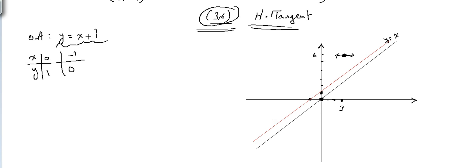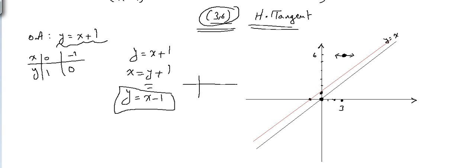Why do we have another oblique asymptote? If you remember in the remarks when we started this chapter, we said if we have an oblique asymptote, we also have one for the inverse function. How? We take y equals x plus 1, interchange to x equals y plus 1, and find y equals x minus 1. This is another oblique asymptote for the inverse function.